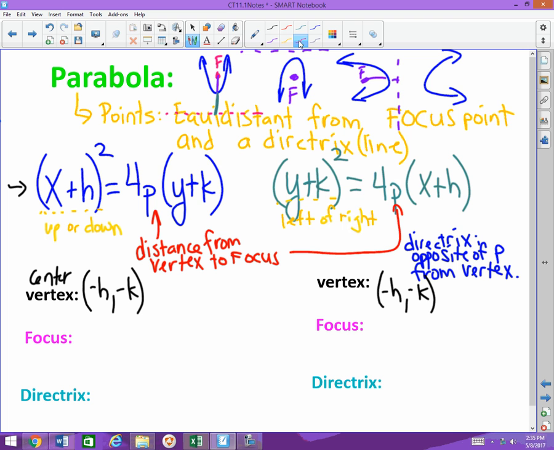The focus point then is going to be, because this is x plus h squared, an up or down one, the opposite of h, and then the opposite of k plus whatever the value of p is. Over here, the focus point is the other way. It would be the opposite of h plus p, comma, opposite of k.